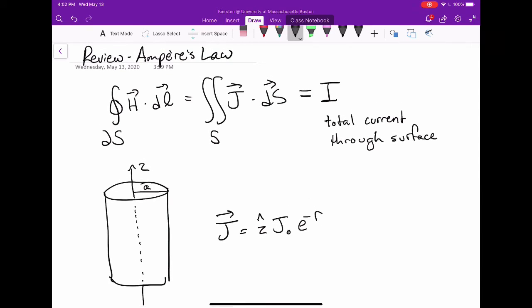And we're asked to find the magnetic field everywhere.